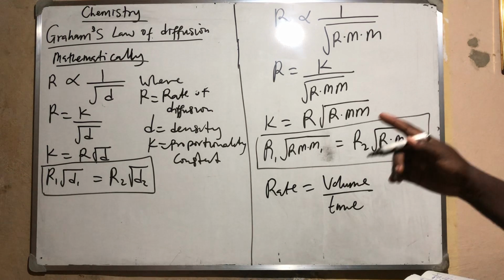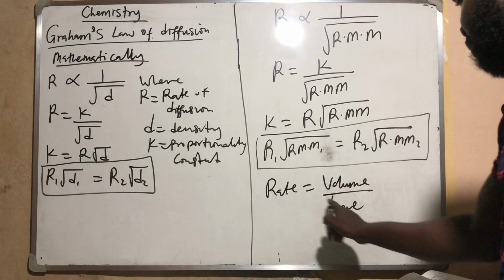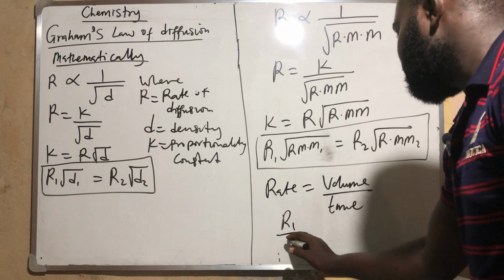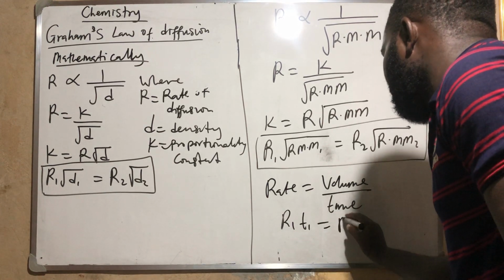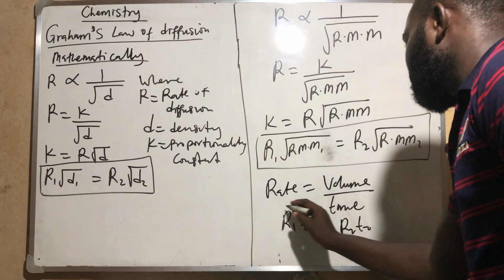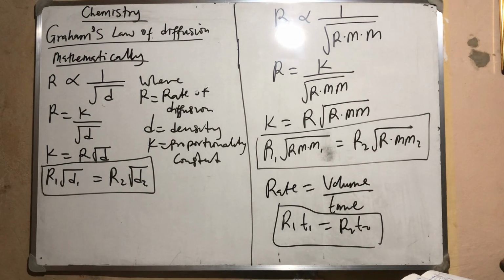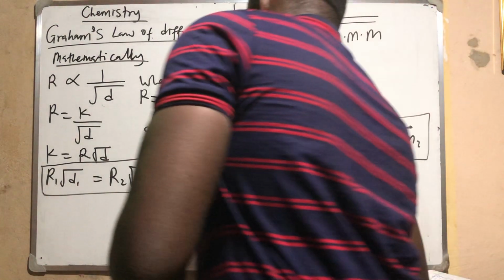Since rate is inversely proportional to time, we have that R1T1 is equal to R2T2. Another important formula to note. R1T1 is equal to R2T2. Then, or you can equally say that, let me clean here.